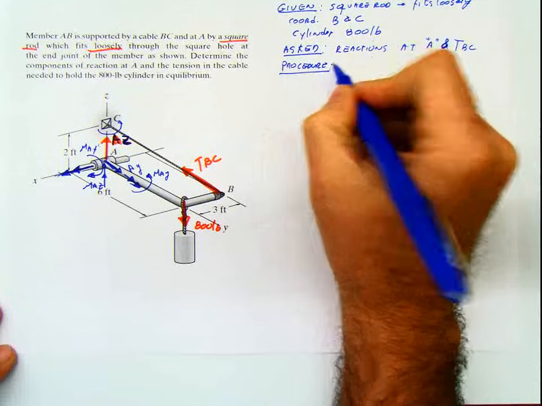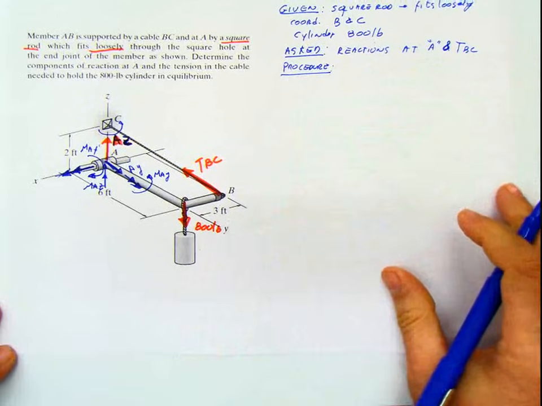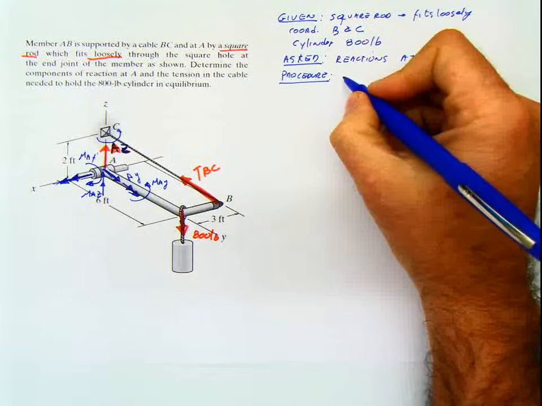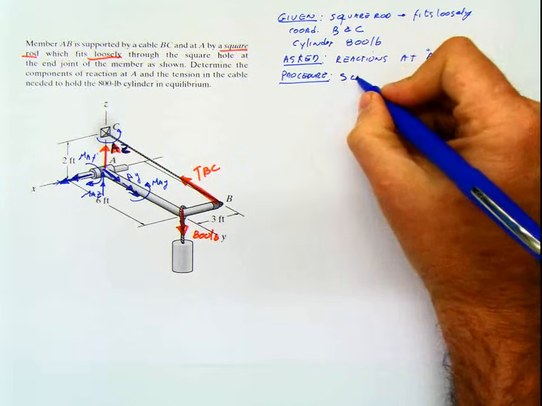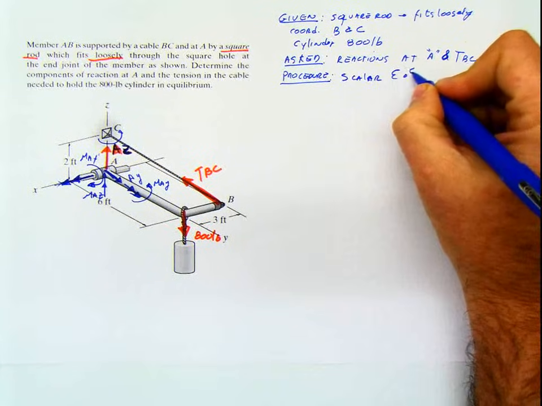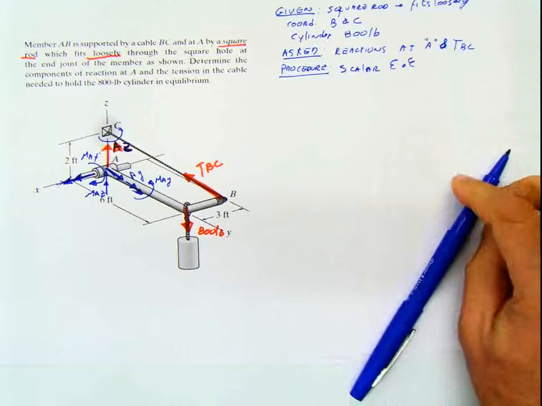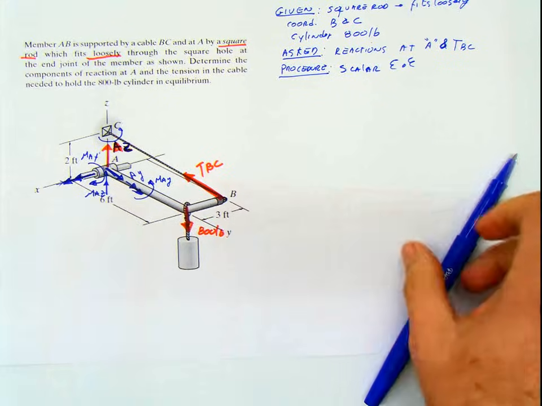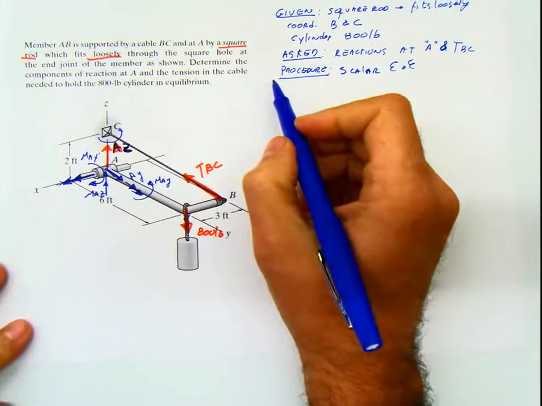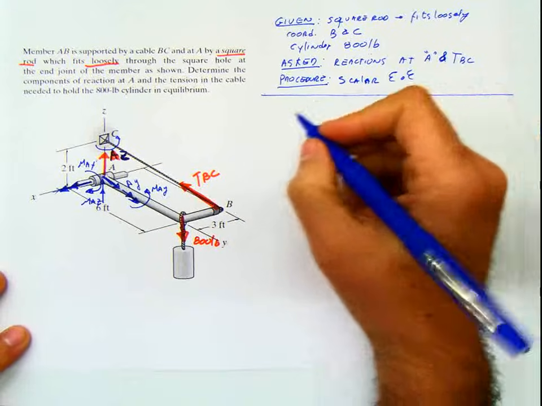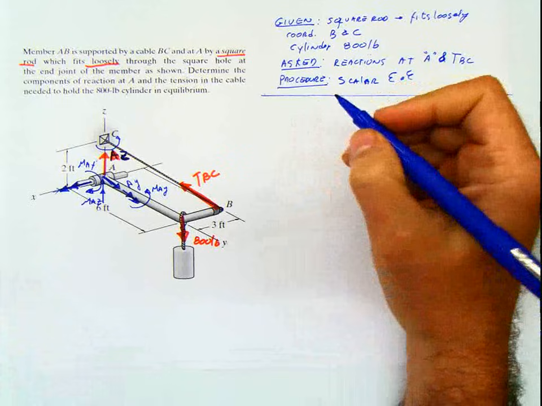Remember that you can use either Cartesian notation or a scalar formulation. I'm going to solve this problem with scalar equations of equilibrium. That's what we're going to do here. You can solve it by using Cartesian notation and compare afterwards. Okay, let's start in that way.